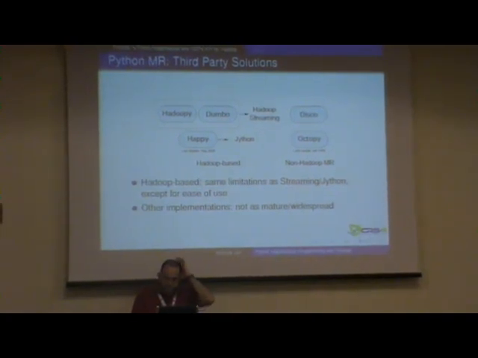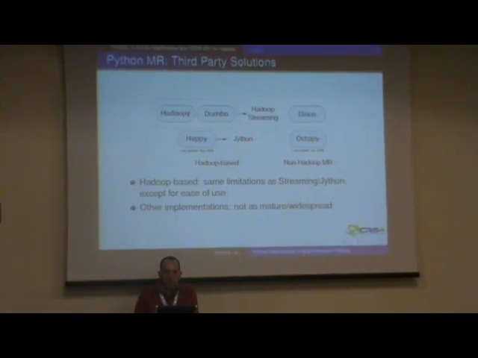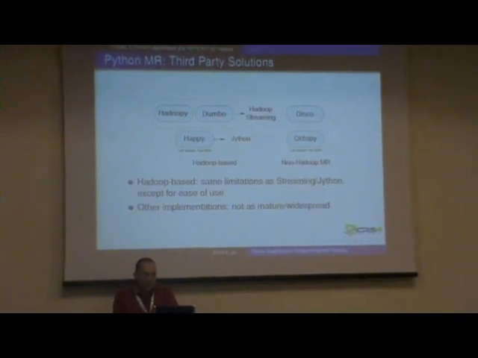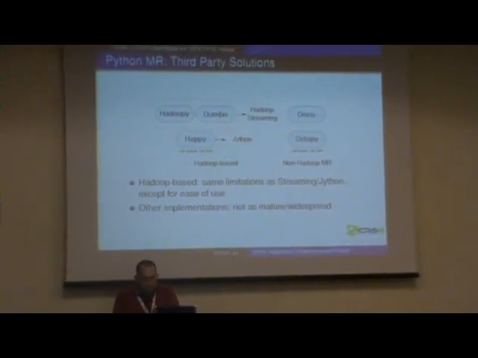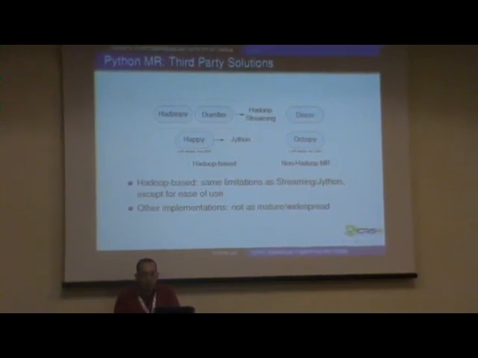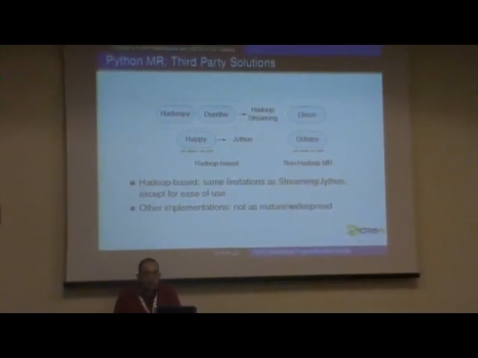There are also several third-party solutions. We can roughly divide them into two main classes: Hadoop-based and other MapReduce implementations. Regarding the latter, we've already said that no matter how interesting they can be, they're not as big as Hadoop. Hadoop is the most widespread solution.